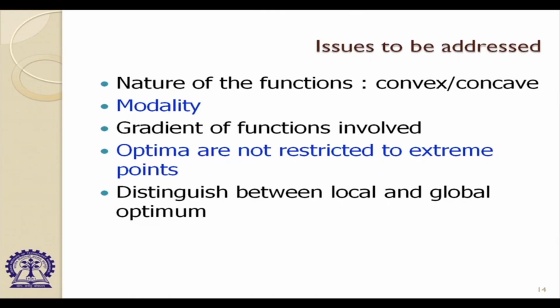You know the extreme points are a finite number of points, but here we have infinite options. That is why which one will be the optimal solution is very important for us. We need to distinguish between local optimal and global optimal, so you need to know the mathematical definition of this. In the next class I will discuss it.